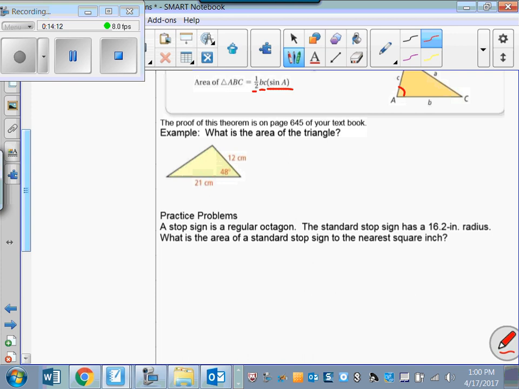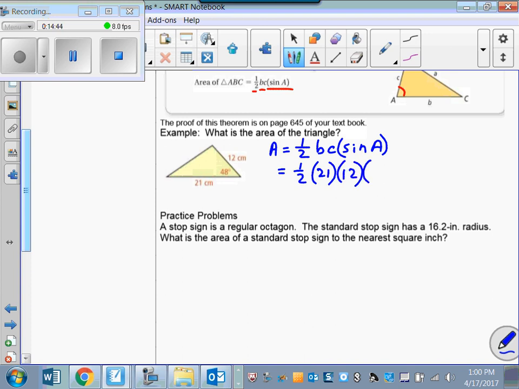All right, so here's how that works. What's the area of this triangle? Well, if I didn't know this little formula, it would be very hard for me to figure it out. I'd have to make myself 2 right triangles and use trig and all that stuff. But now we don't have to do that because we have this nice new theorem that says the area of this triangle is 1/2 bc times sine A. If you write the formula down a few times, you won't forget it. b and c are the side lengths, so 21 times 12, and then it's the sine of the angle that's included, sine of 48.